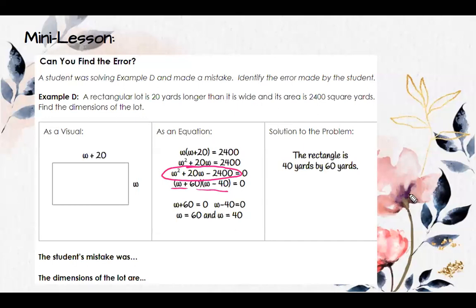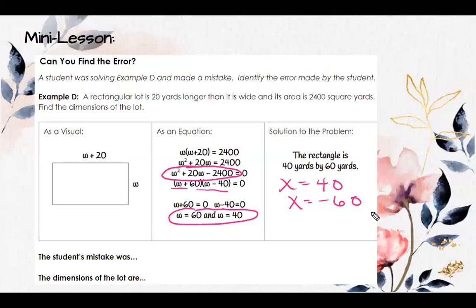What do you get? Good. You should get positive 40 and negative 60. What did they get? Okay. They got two positives.